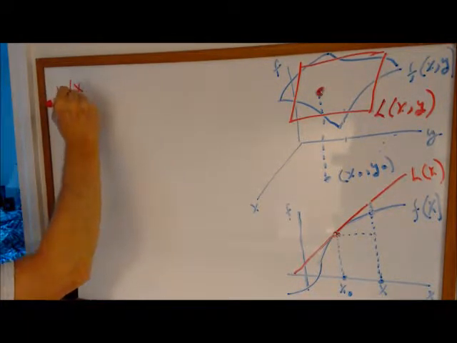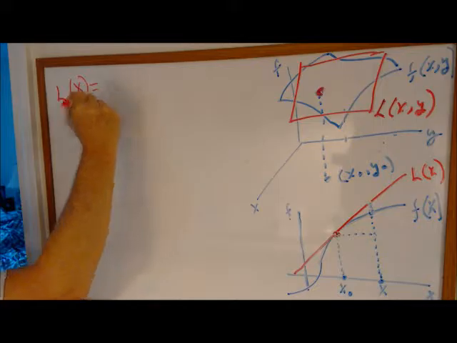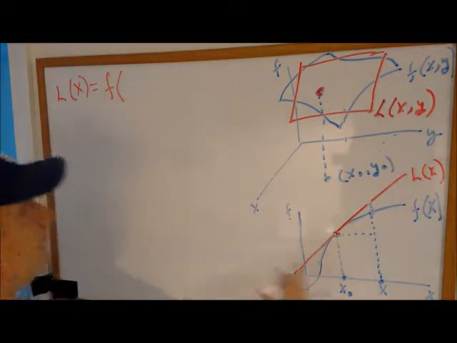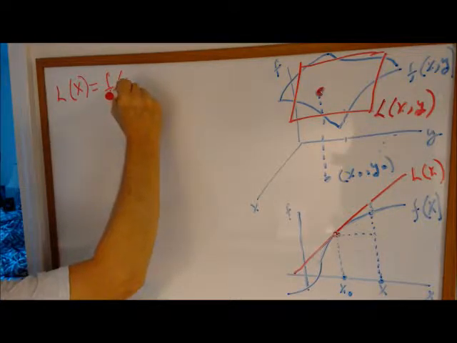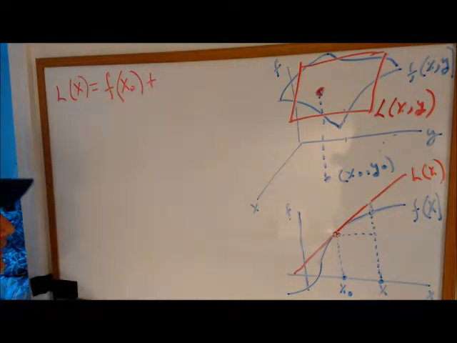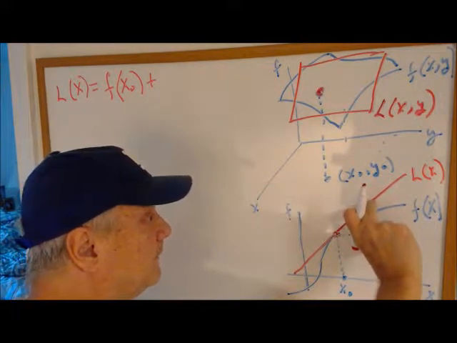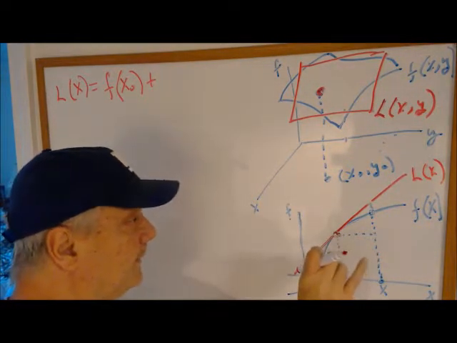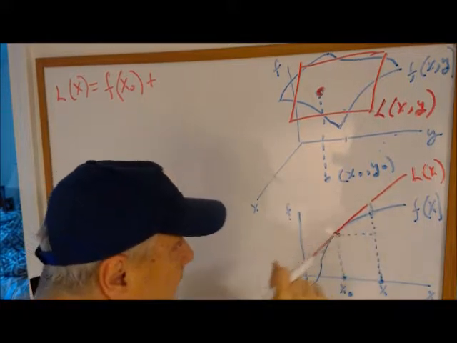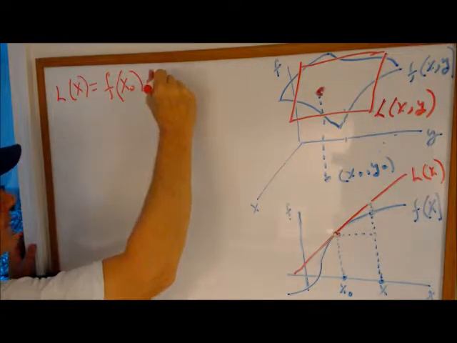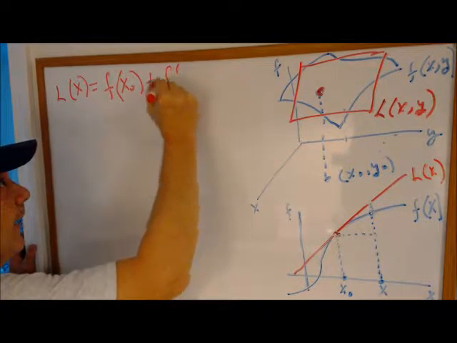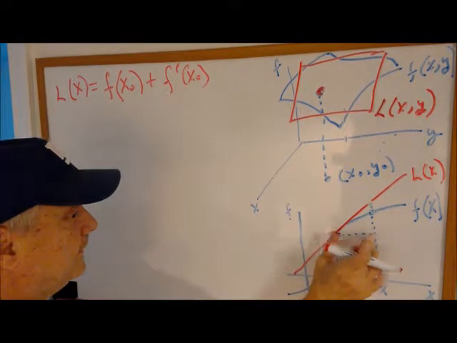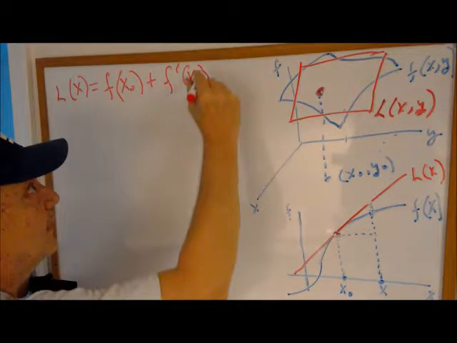L, as a function of the single variable x, is the value of the function at x naught plus, well, this rise is really the rise over the run times the run. So what's the rise over the run? Well, that's just the derivative at x naught, and the run is just x minus x naught.